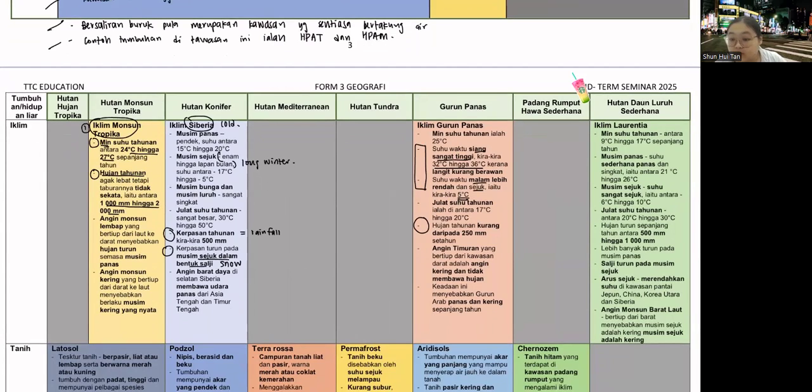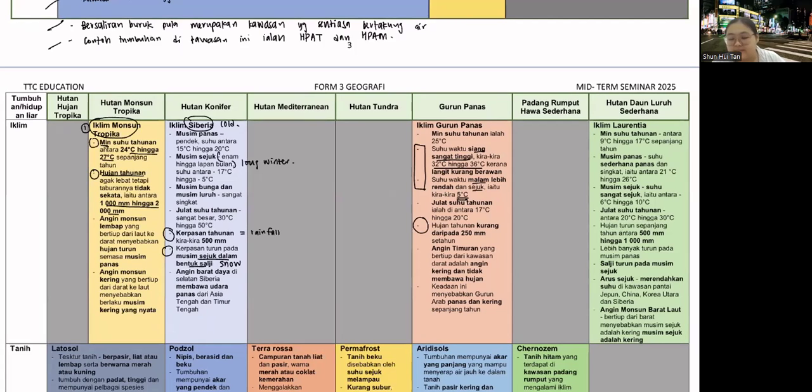hutan. Huh? What happened to your Zoom? Are you using phone or laptop? Laptop. Clash. Maybe are you opening a lot of tabs? I think the Zoom has some malfunctions a little bit.